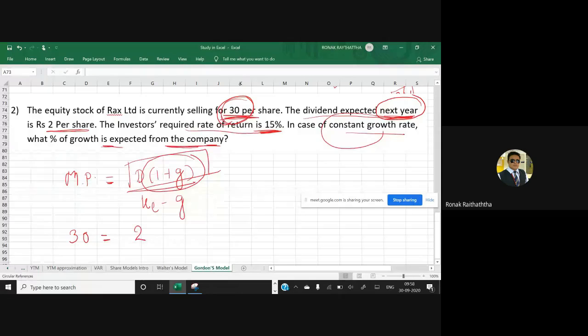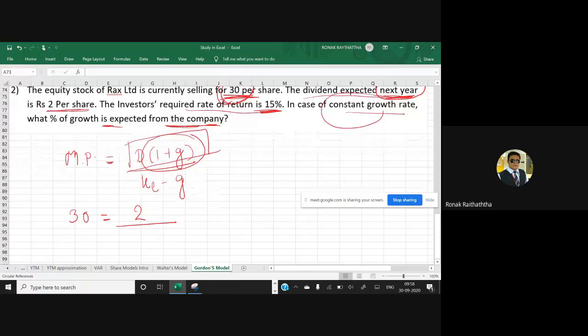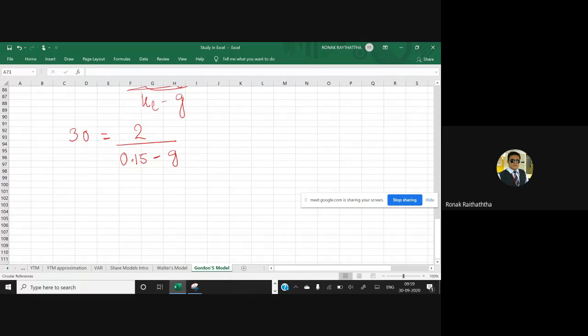That is the entire numerator. I am not again giving the effect of G because it is already next year's expected dividend, as I have already stated. Required rate of return of the shareholder is 0.15, and we are supposed to find the G, that is the growth rate. Now simplify this and you will get the answer of G.